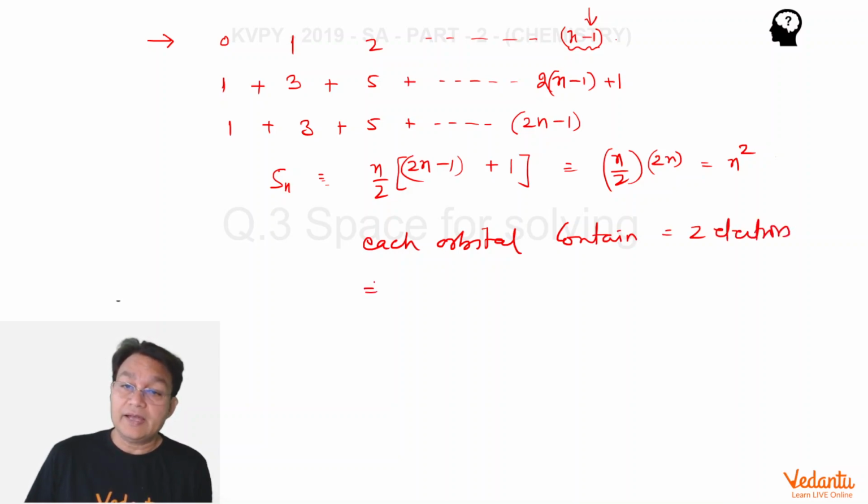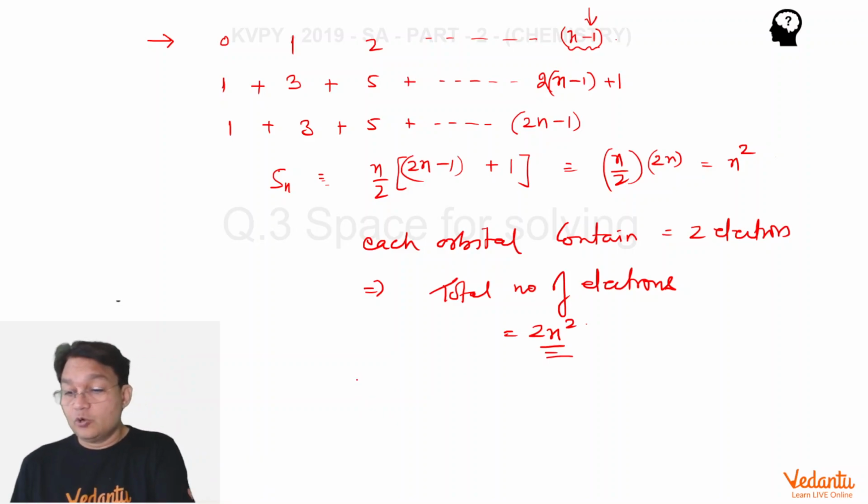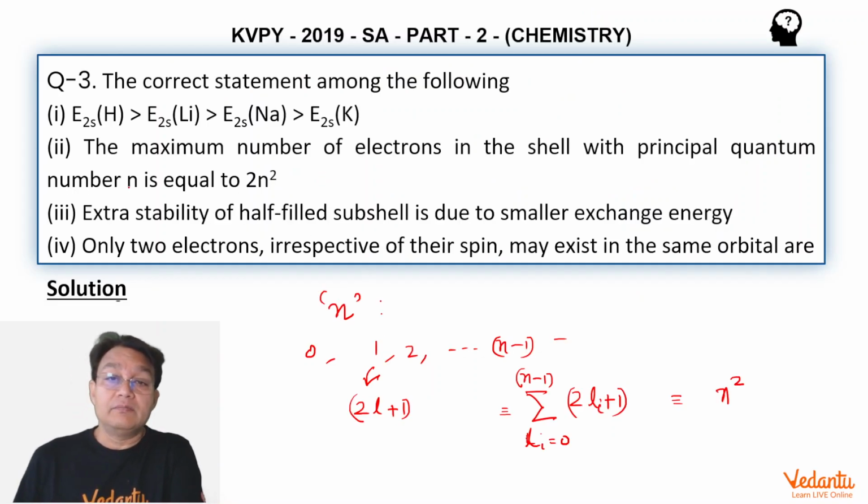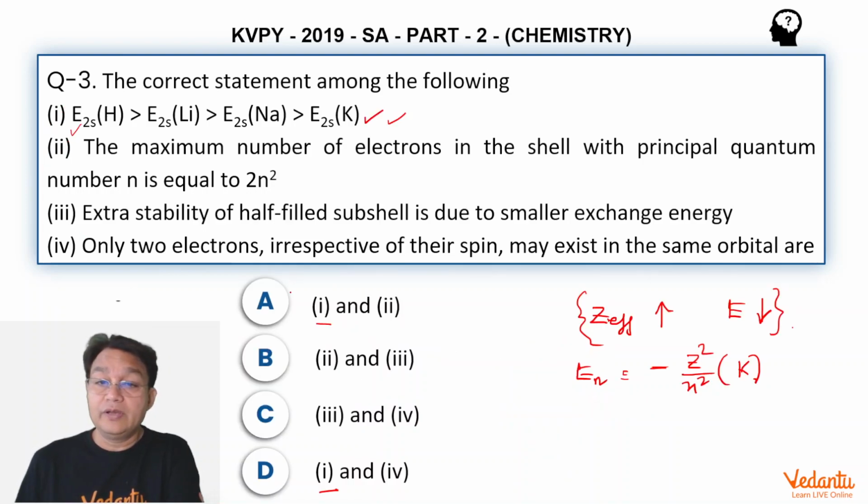So the total number of electrons will be 2n square. Got it? So this statement is correct. Now there is no need to go any further, because only these two options seem to be correct: option A, 1 and 2, and 1 and 4. Of course 2 is not there in the other, so by choosing options, A should be the correct option.